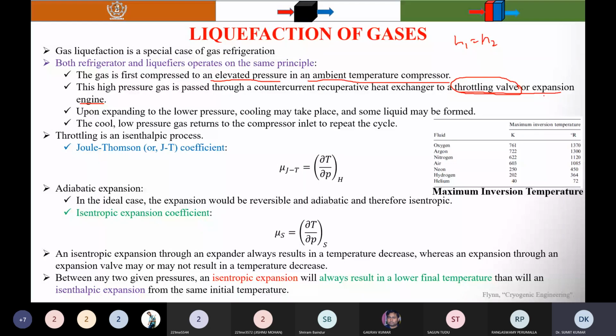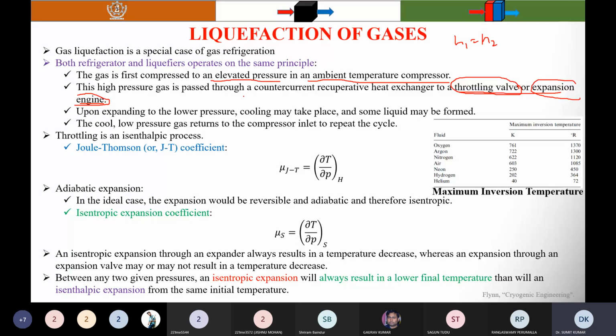Means what? It is the isentropic process. If you remember, I told you that every reversible adiabatic process is isentropic, but not every isentropic process is necessarily reversible adiabatic. So the expansion engine works on the isentropic process, means entropy is constant. Okay. That is used for the expansion process.